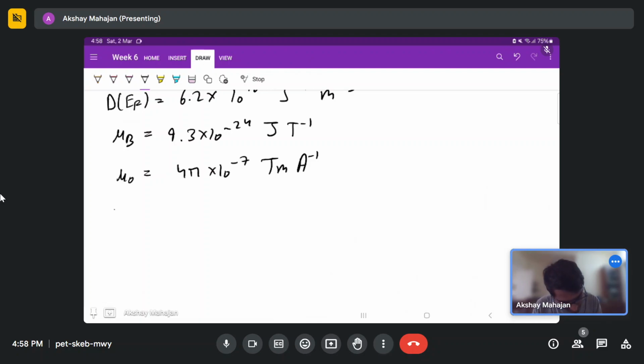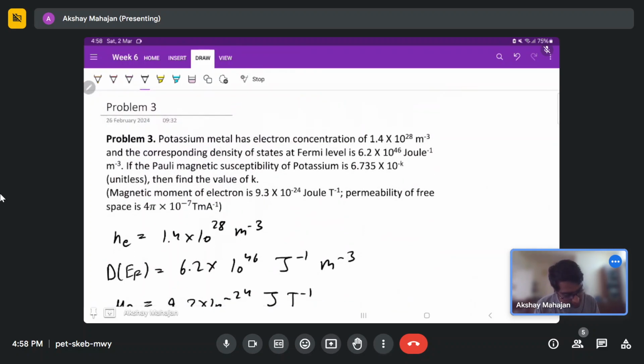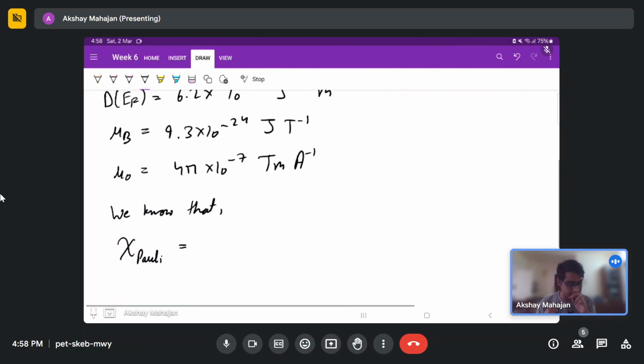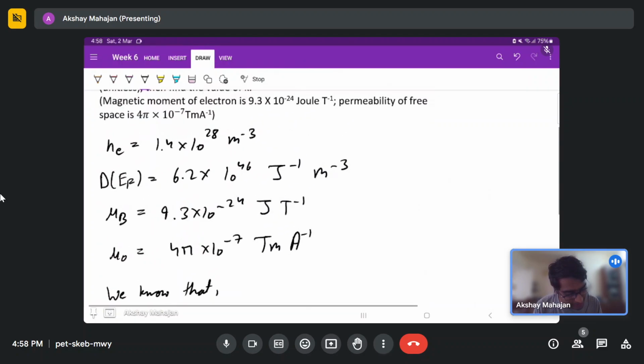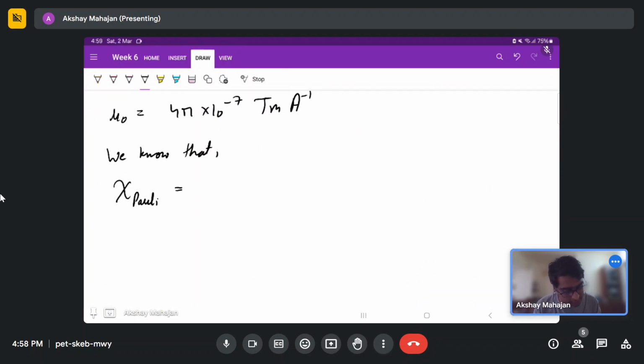So now we know that the Pauli paramagnetic susceptibility is given by μ_0 μ_B squared times the density of states at the Fermi energy.